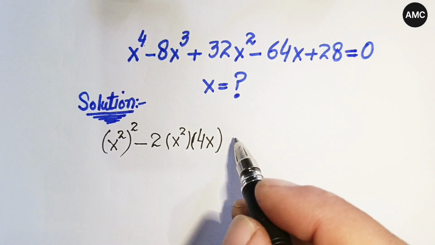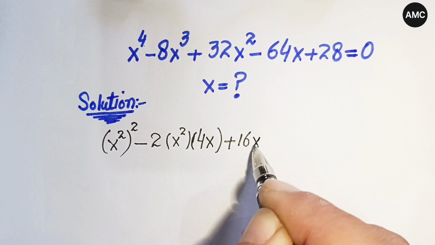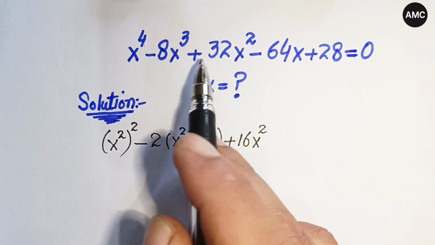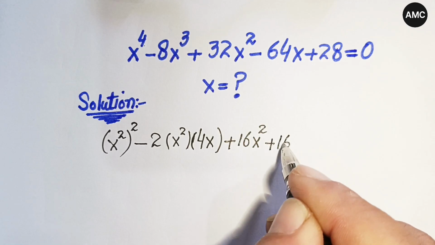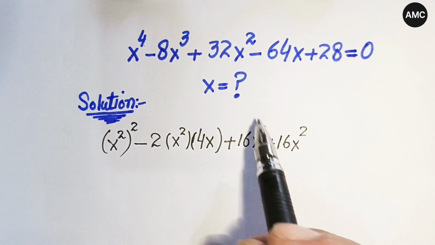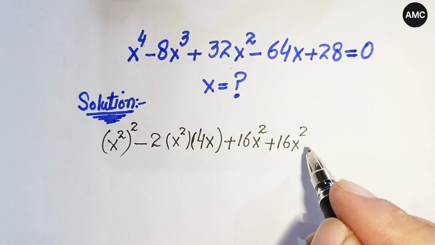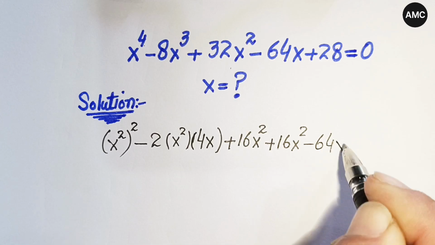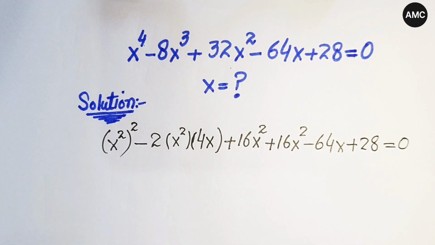So here we must write plus 16x squared plus 16x squared, that is 32x squared. We have just split this 32x squared. Now here we have minus 64x and plus 28 is equal to 0.